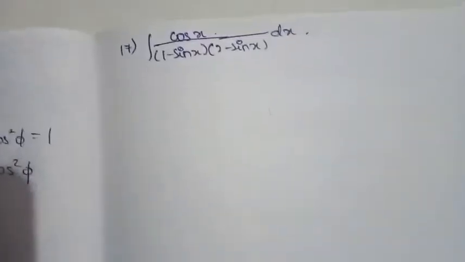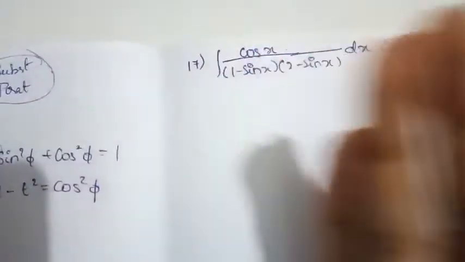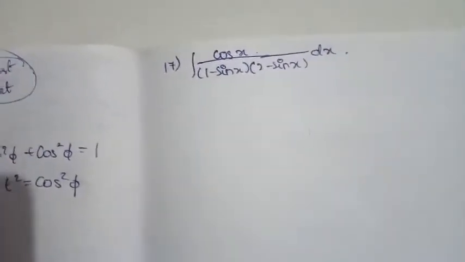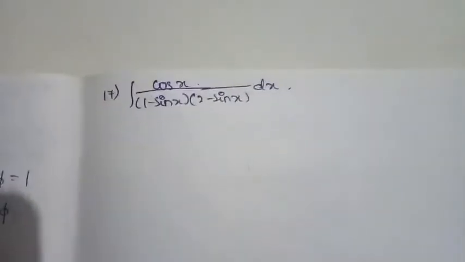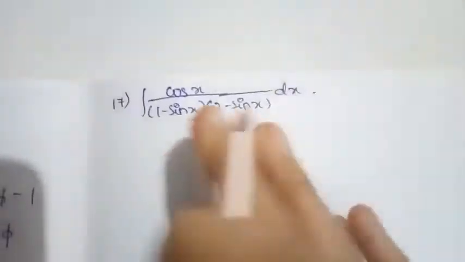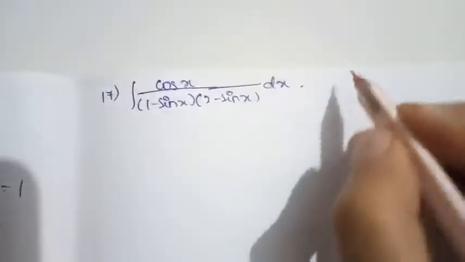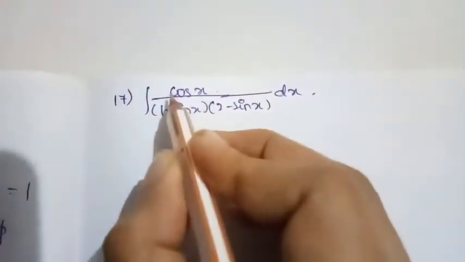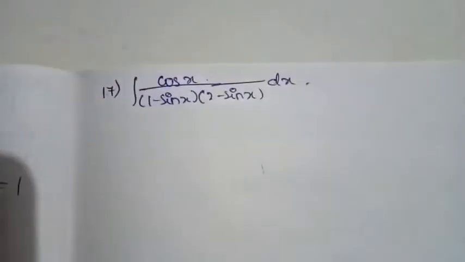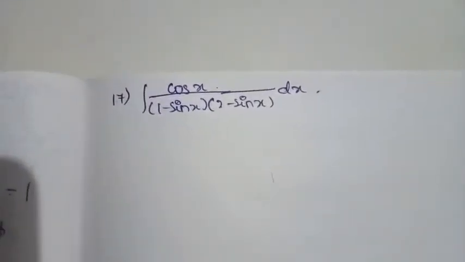The next question, as per this method where the substitution and partial fractions take place simultaneously, is like the question in your exercise also. In that 17th question also it follows like that. Here we have to find the integral of cos x divided by (1 minus sin x) into (2 minus sin x).